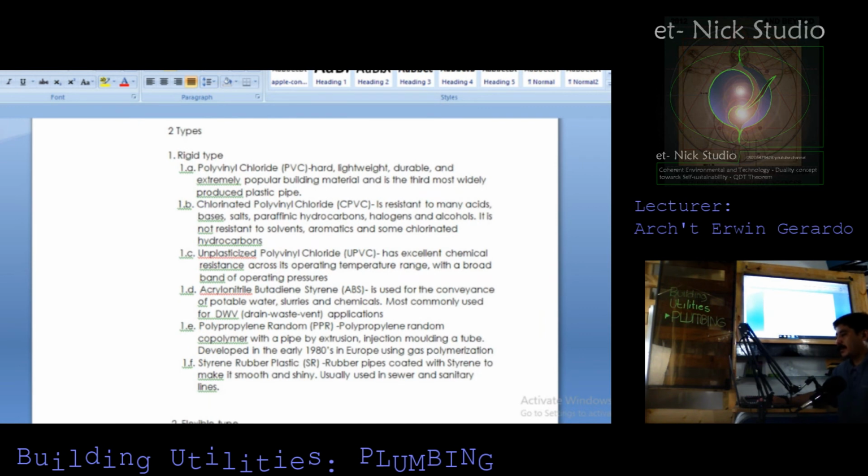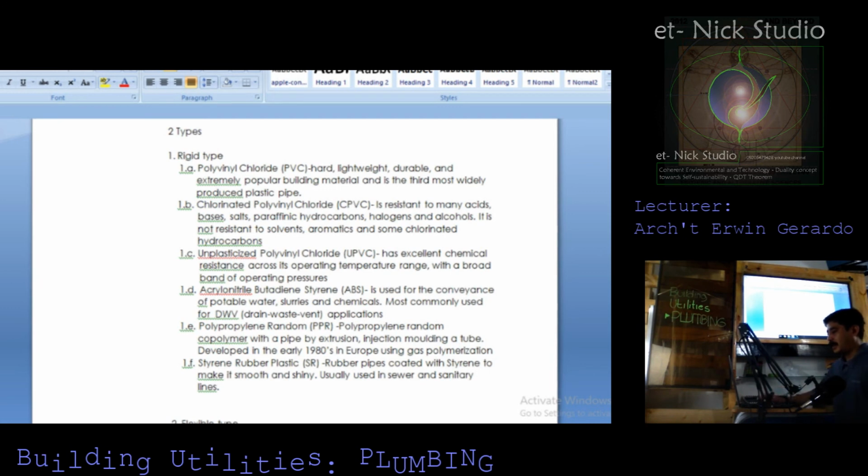The polypropylene random, PPR, polypropylene random, the copolymer with the pipe by extrusion injection molding tube, developed in the early 1980s in Europe using gas polymerization.